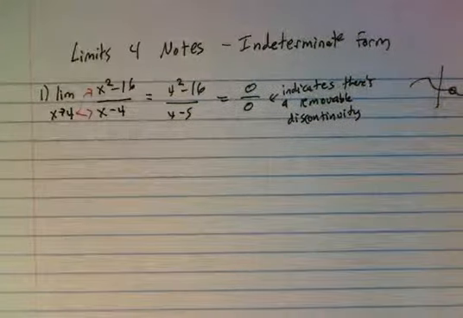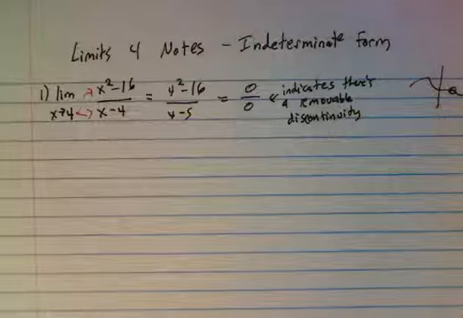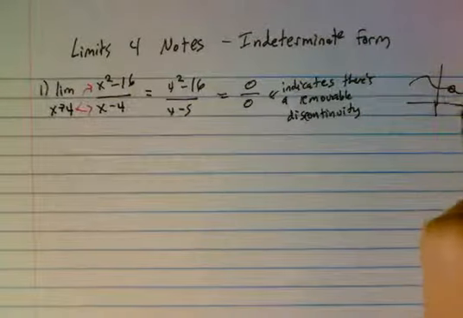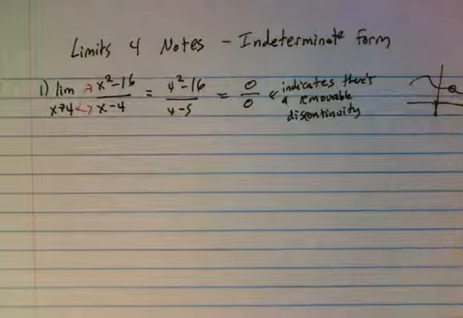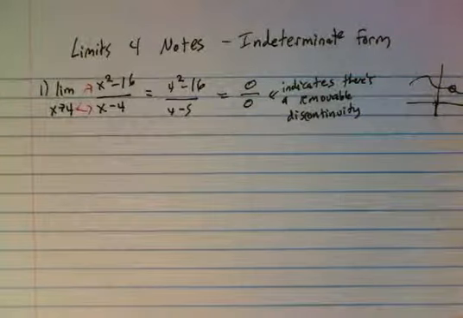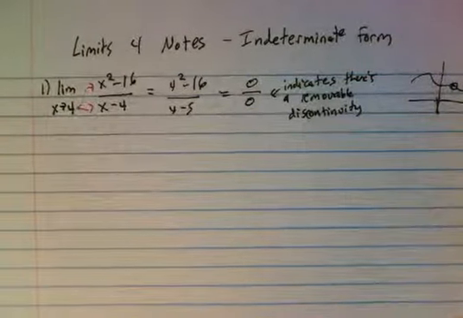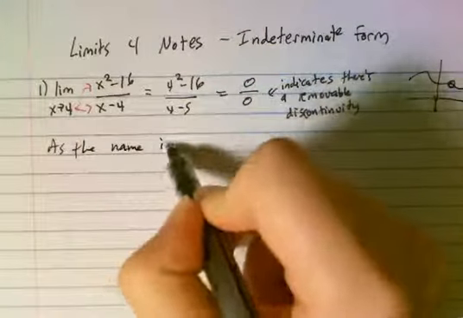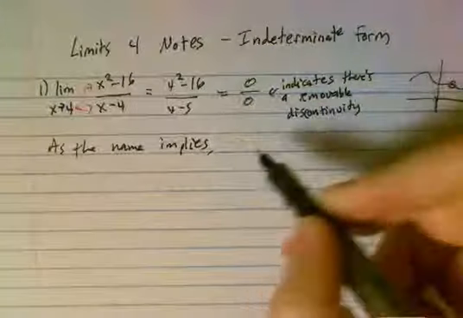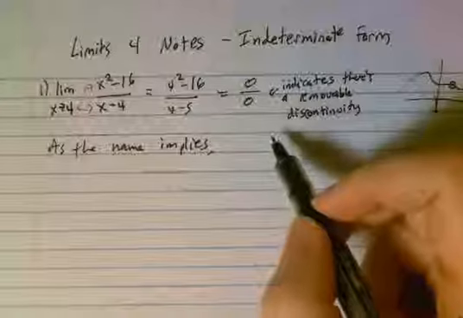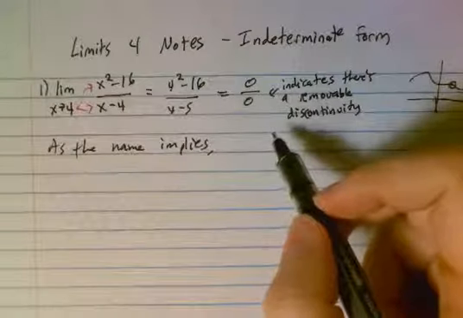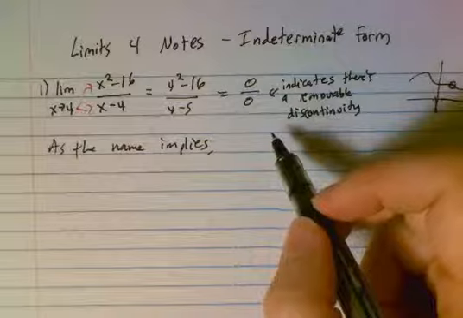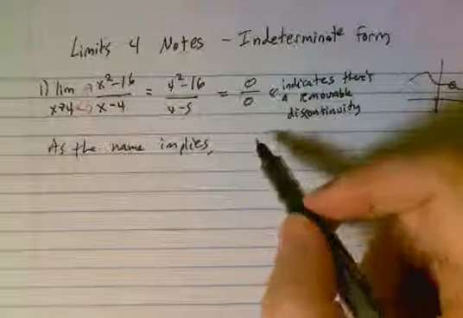Basically, there's just a little place where the y value is not existent, but overall it's a smooth curve except for at that one point. And as the name implies, a removable discontinuity can be removed to allow us to determine what the function wants to be, what value it wants to have at that point.